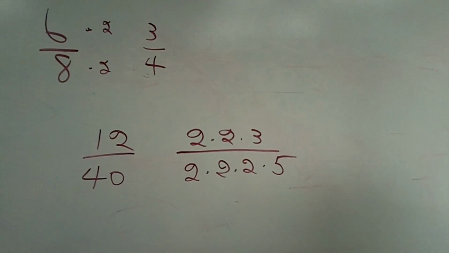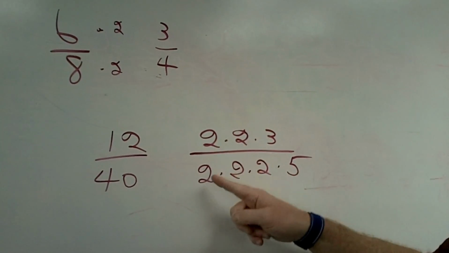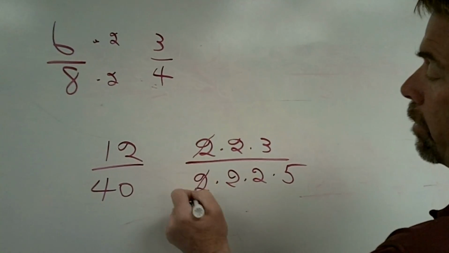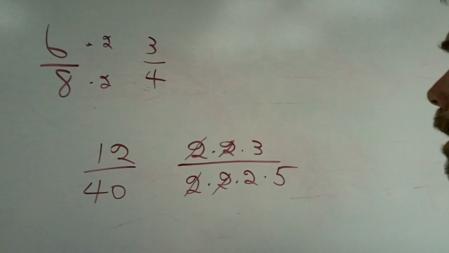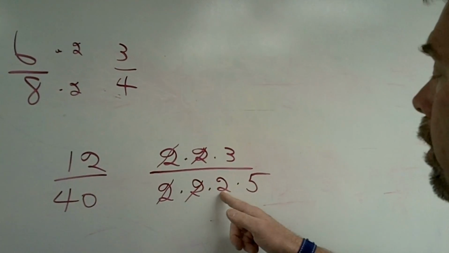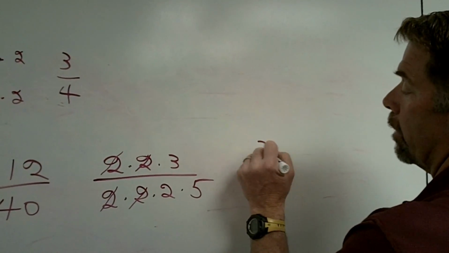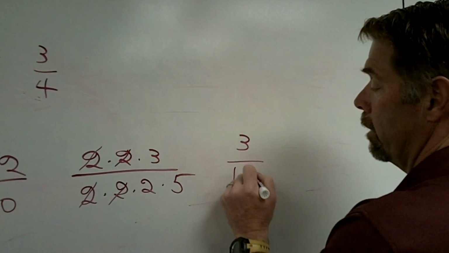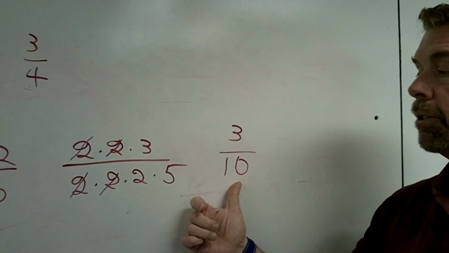Now, all I have to do is, for every number that's the same on the top and the bottom, if they match, I can cross them out. So I have a 2 here and a 2 here. I have a 2 here and a 2 here. And I have a leftover 2 times 5 and a 3. So I simply write 3 on the top, and 2 times 5 is 10. So 12/40 reduces or simplifies to 3/10.